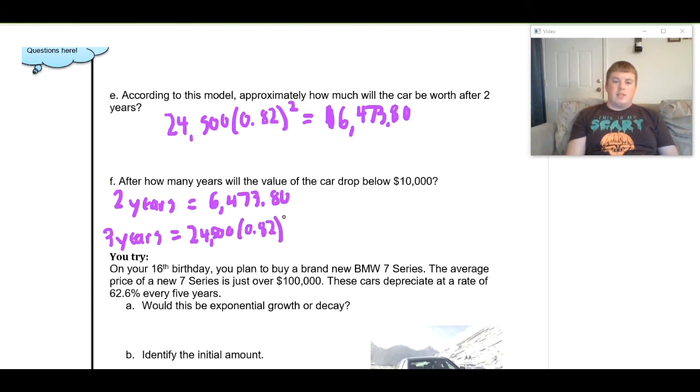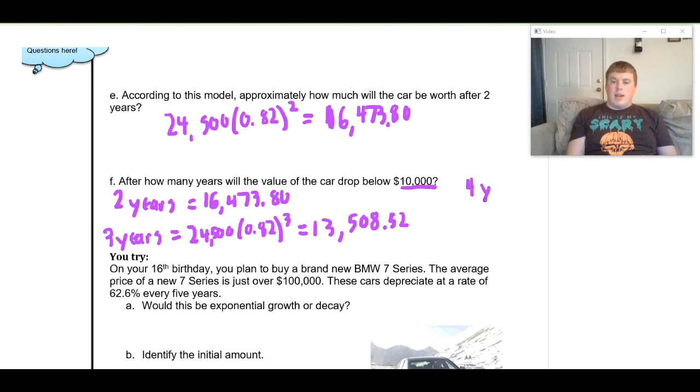The only difference is, instead of 2, we'll plug in a 3. And let's see what we get. When we plug that into our calculator, we're going to get $13,508.52.